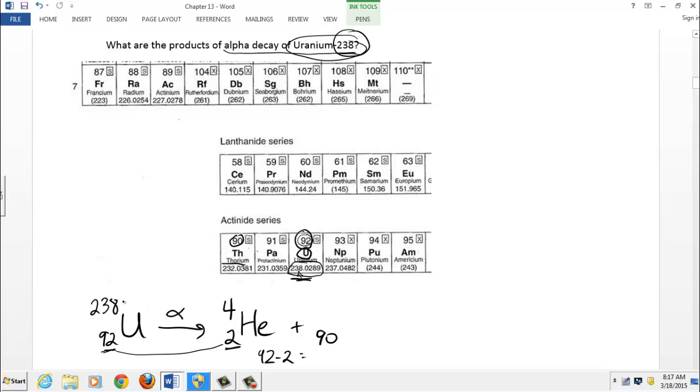And if the total weight of that atom is 238, and you have a particle that leaves with 4 mass units, do a little subtraction there. 238 minus 4 is 234. We'll put the mass number in the top left of our new symbol, and then take the atomic number, 90, and grab the chemical symbol, Th. Boom, full credit.